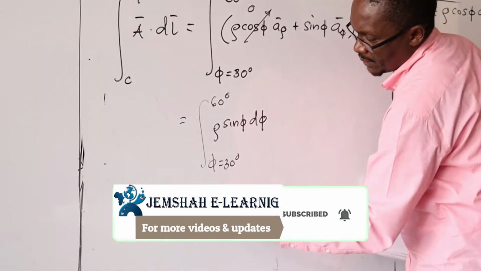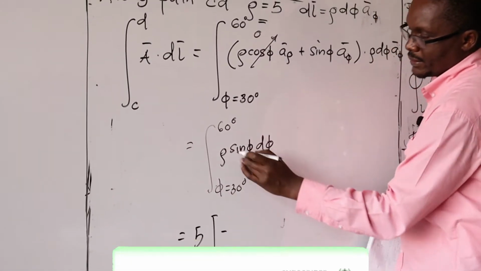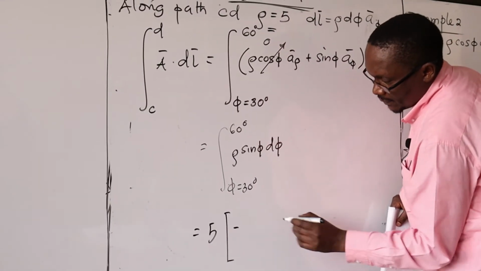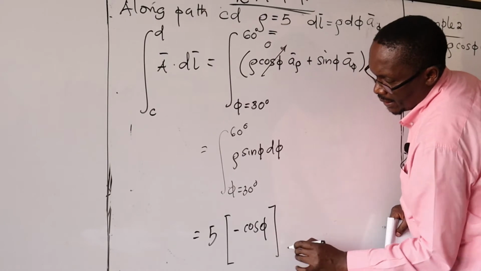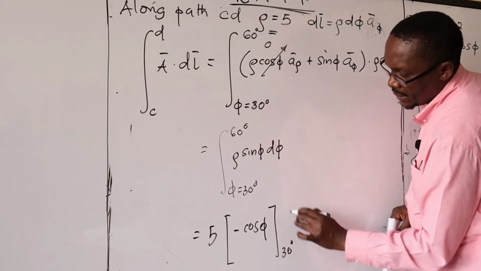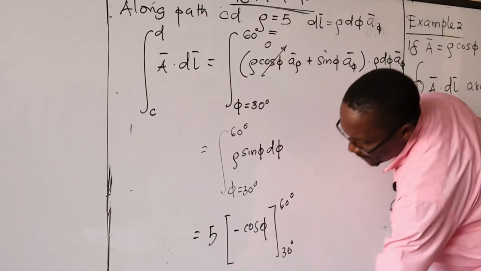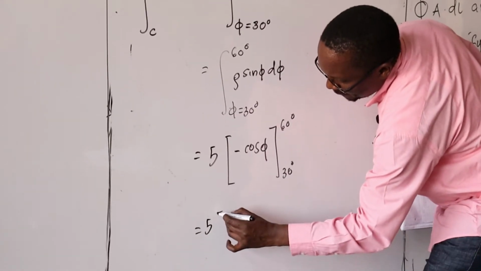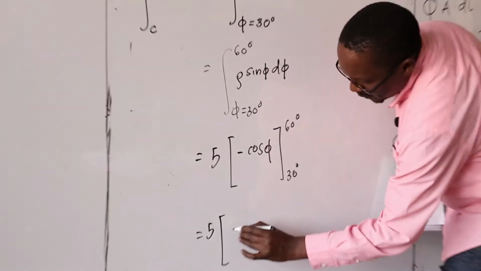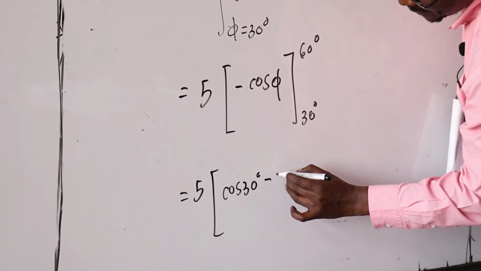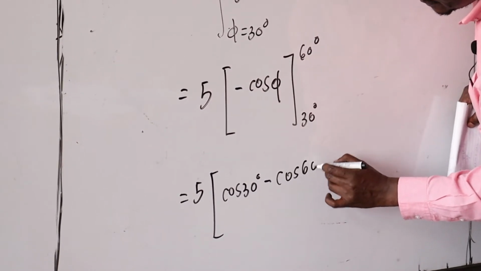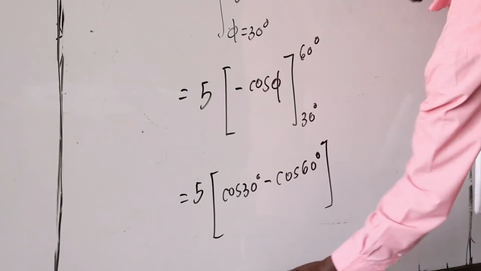Its value here is 5, so I can substitute that 5. And if I integrate sine, it gives me negative cos phi. I'll insert my limits from 30 degrees to 60 degrees. This translates into 5 times the cosine of 30 minus the cosine of 60 degrees, like so.